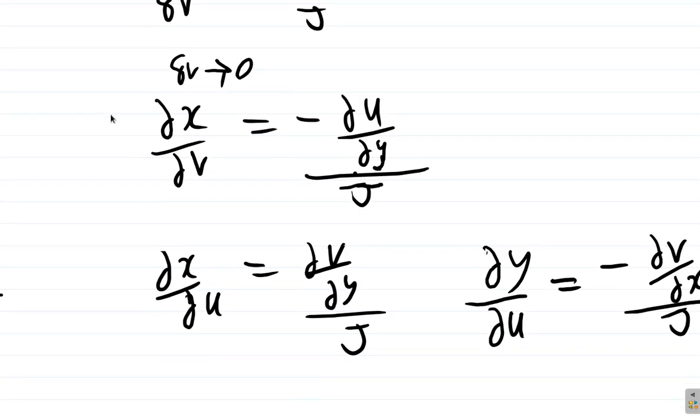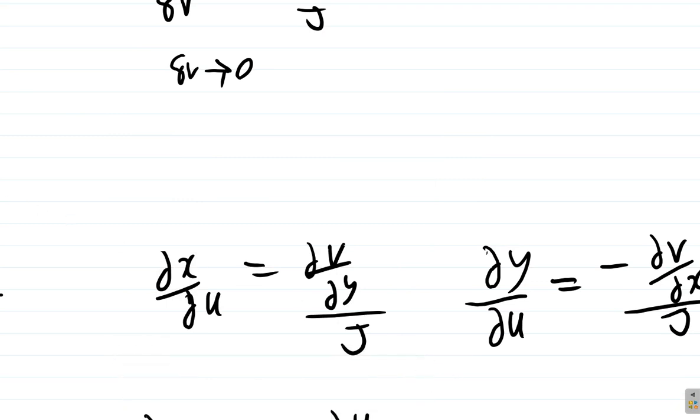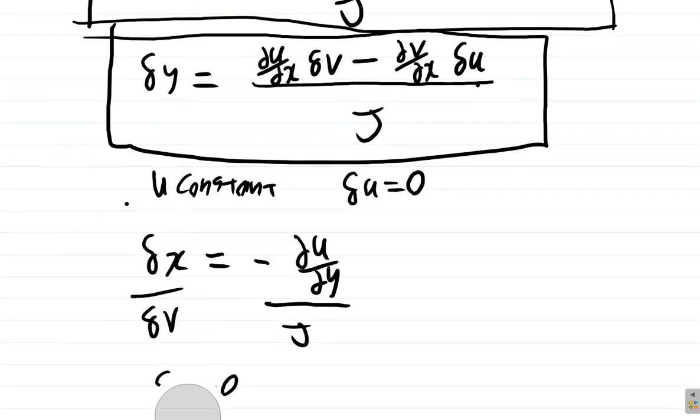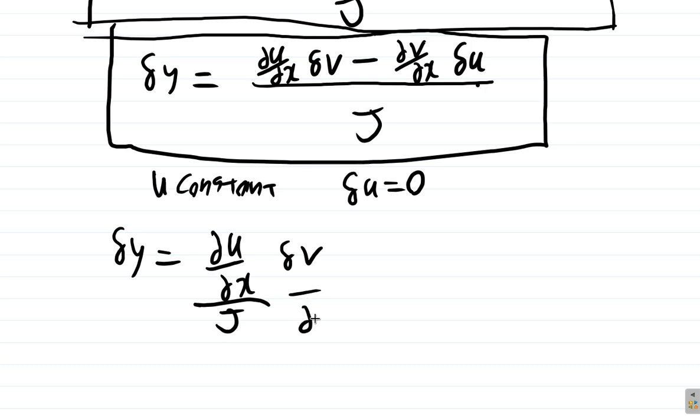So we have this result now. Let's put it down here. Alright. And then what would happen in the case of the change in y? The change in y is equal to, del u is 0, so this part will go to 0. So delta u by delta x, change in v, over the Jacobian. Now if we divide both sides by a change in v, this is what we would get.